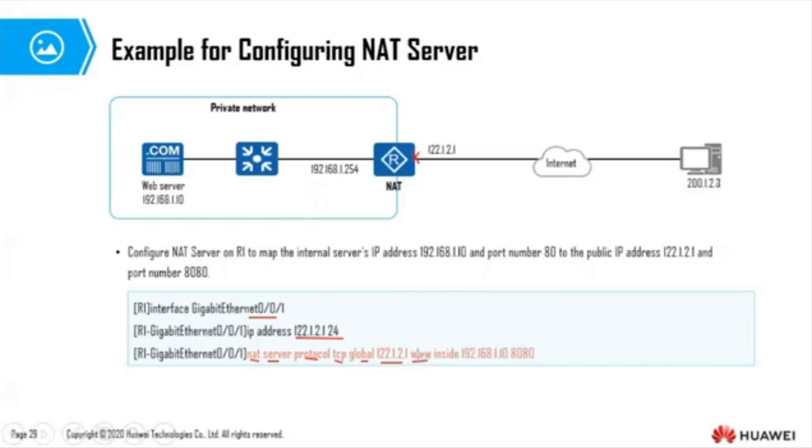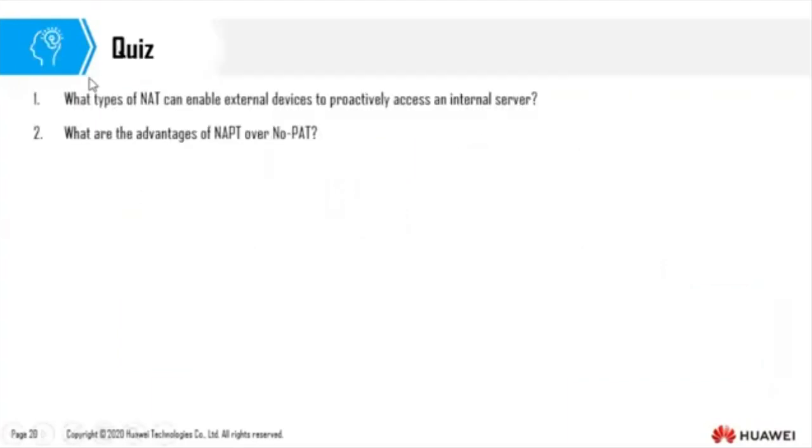So this service is www. By default, www uses port 80. So it simply means 122.1.2.1 80, or 8080. Then inside 192.168.1.10 port 8080. So that is how we configure NAT server.